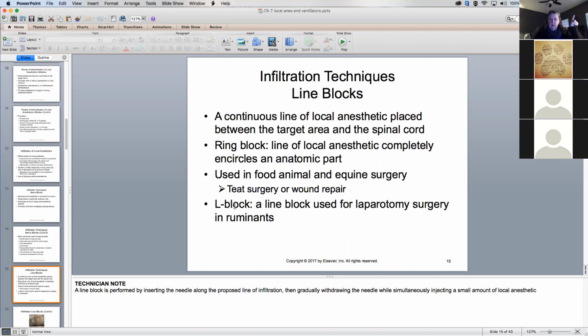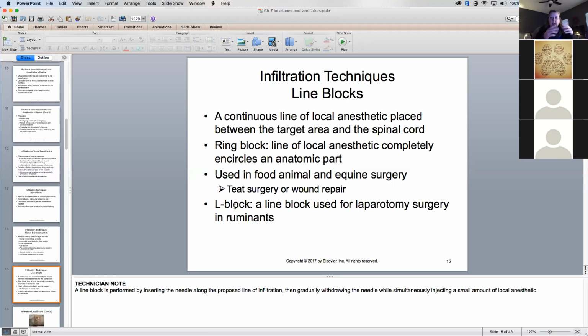When I talked about the paravertebral block, that is in a line, except that's not where the surgery is. The surgery is in the flank, so the line is up here. Normally a line block goes where you're going to do surgery. Remember I said during C-sections, sometimes we'll do a line block, and I will put lidocaine all down the midline of the abdomen, because that's where the doctor is going to make the incision.